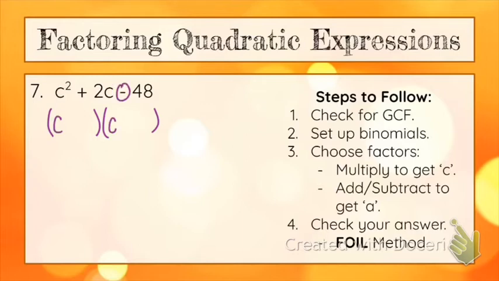They have to multiply to get a negative, so I have to have two different signs. And then I'm asking myself, what two things can I multiply to get 48 and add to get 2? Oh, 8 and 6 have a difference of 2, so I can do positive 8 and negative 6. Positive 8 times negative 6 equals negative 48. Positive 8 plus negative 6 equals positive 2. All done. That means I've done my job correctly.